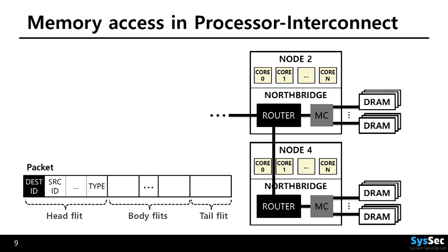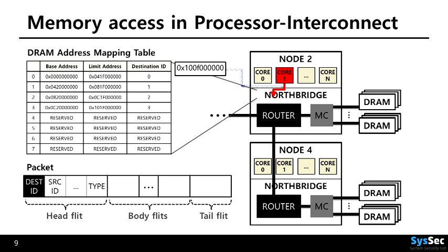So what happens when the nodes access remote DRAMs? If core 1 in node 2 tries to access remote DRAMs, the north bridge creates the packet based on the DRAM mapping information. We call this the DRAM address mapping table. As you can see, this table is located between the core and the north bridge, and the table is initialized by the BIOS at boot time.